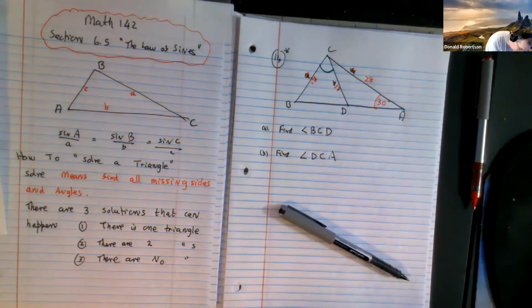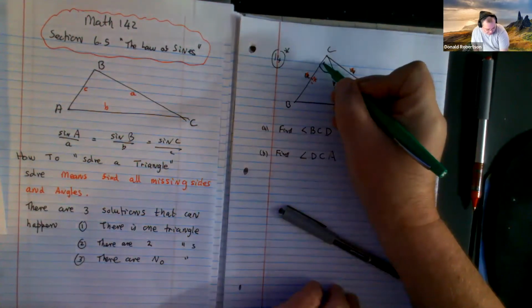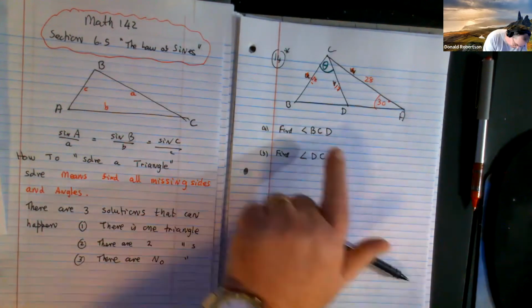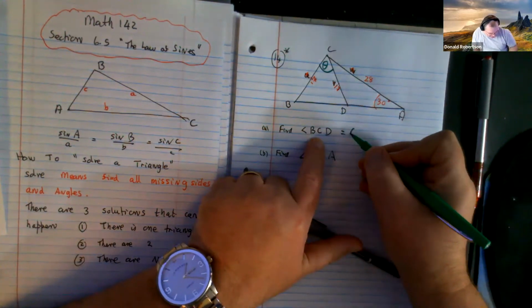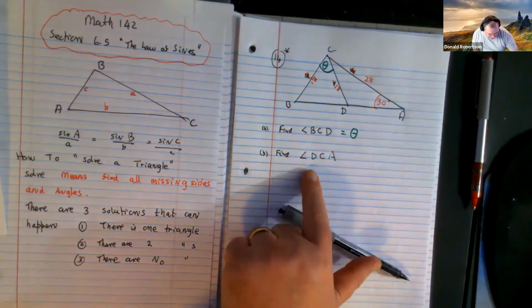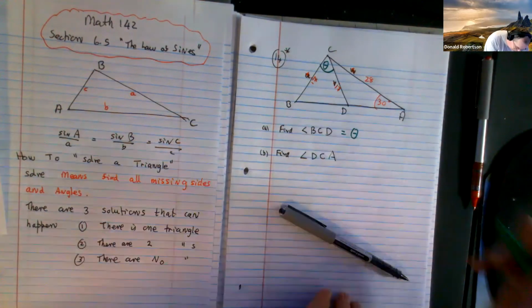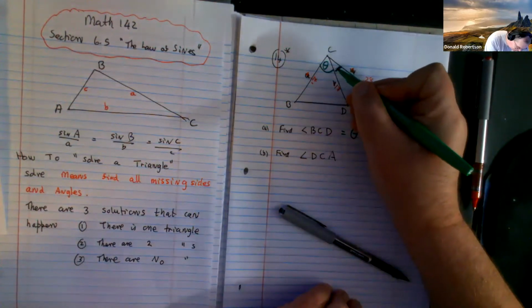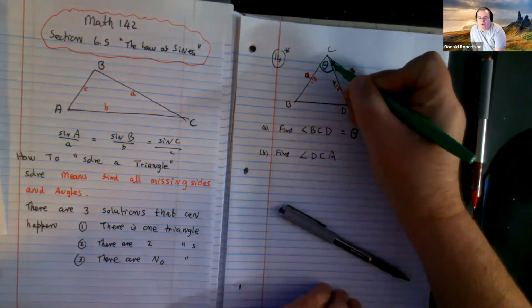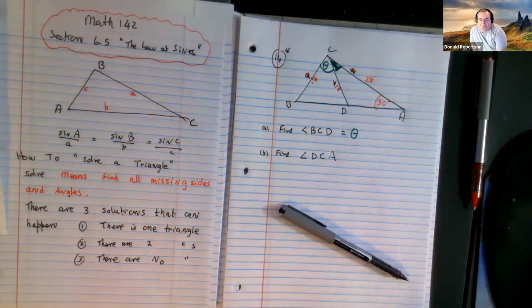I'm going to call that theta because I like theta. So this question is going to be find theta, right? And then DCA, wouldn't it be this little piece in here, the one I'm shading in dark, right? I won't call it anything right now. Are we good so far?